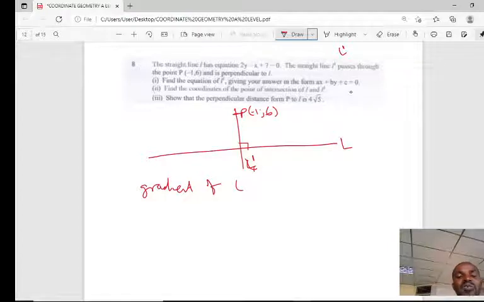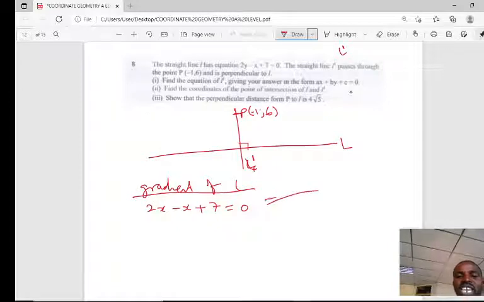From the gradient of L, we can find the gradient of the line L1. We have the equation 2y minus x plus 7 is equal to 0. To find the gradient, you express it in the form y is equal to mx plus c.